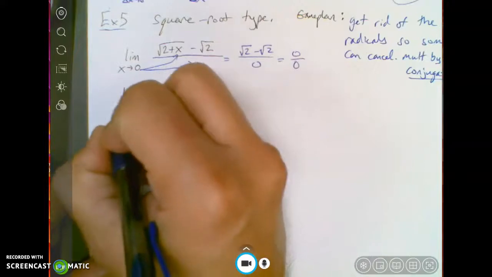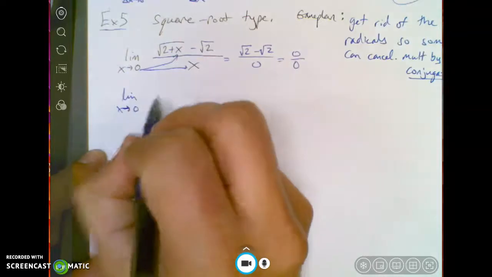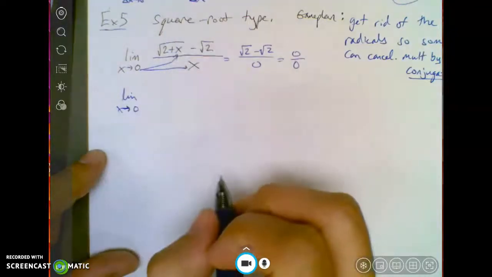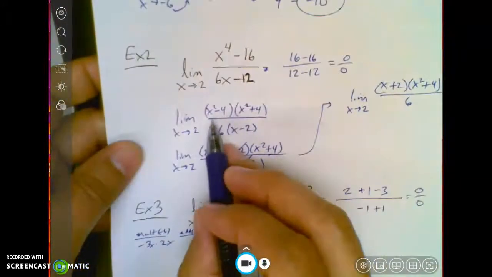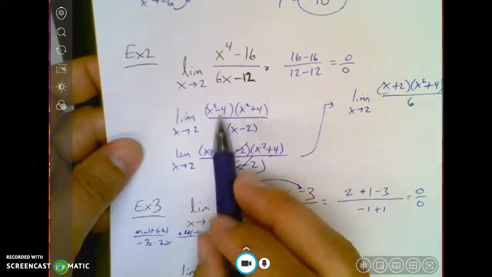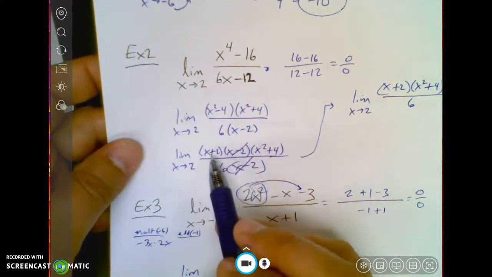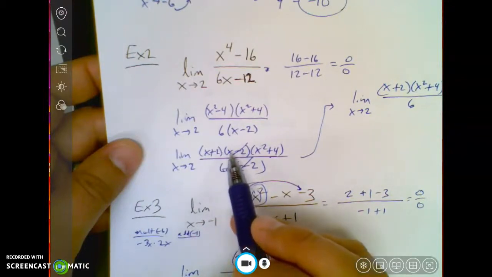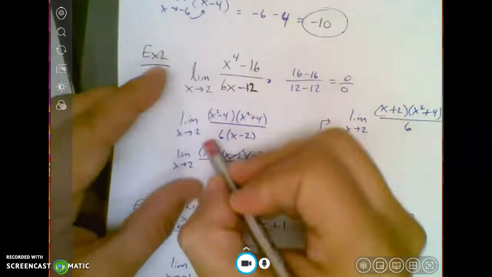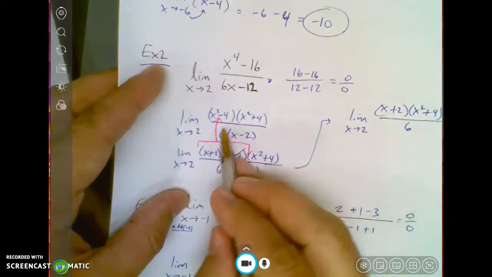The conjugate is something you can multiply by that will basically get rid of the ugliness of the radicals. It's kind of like the same idea of, let me flip this back over. When you have two terms and the only thing different between them is a plus and a minus, like x plus 2 and x minus 2, relate to this guy, which doesn't have any middle terms.